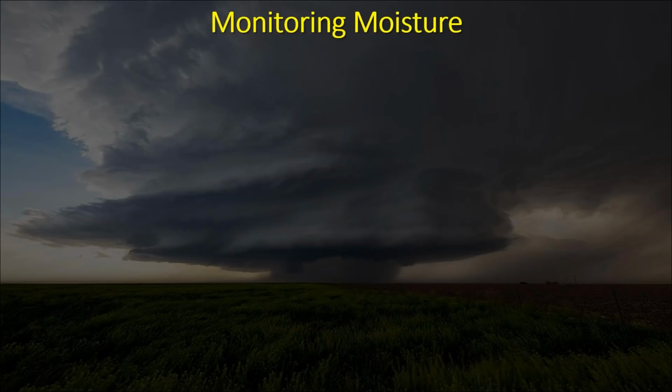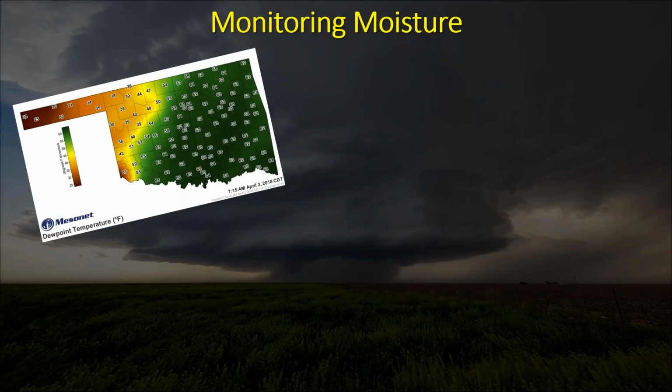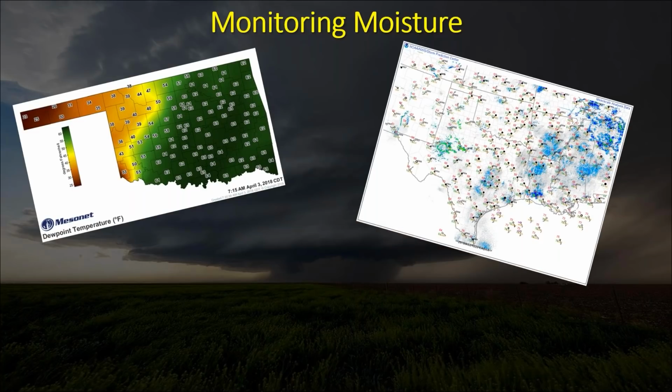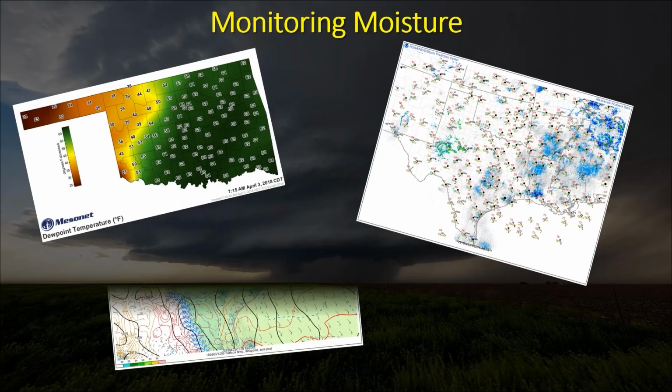So there's lots of different ways that we monitor moisture. Alex, if you just tap next. Something that we like to use here locally is the Mesonet. The Oklahoma Mesonet is a great resource if you live in Oklahoma for all kinds of different parameters, but we definitely use it for monitoring moisture. This is an SPC, Storm Prediction Center graphic from their website that I already showed earlier, which is a great resource.